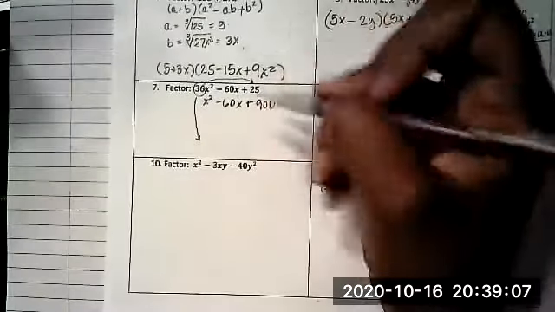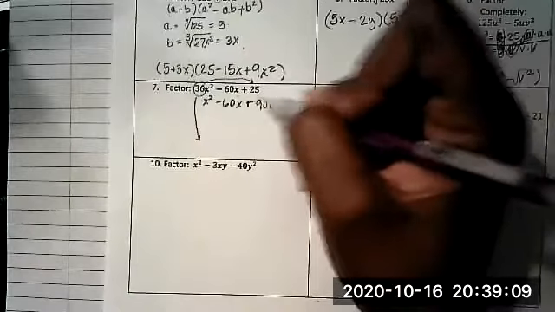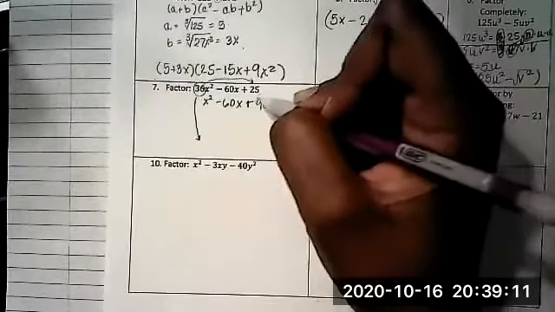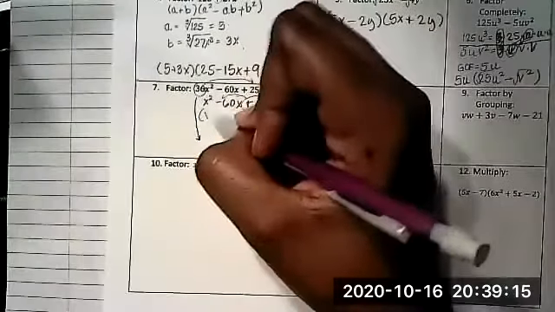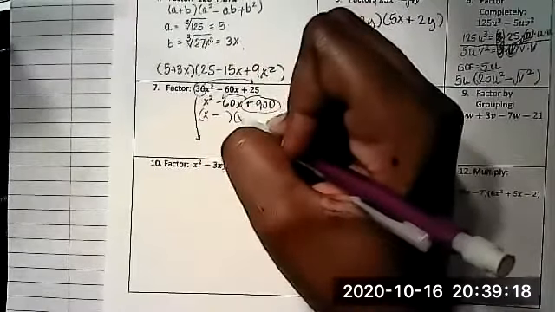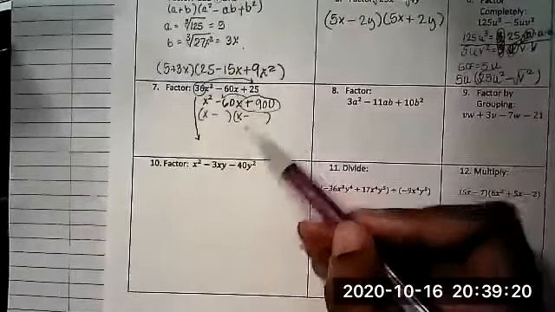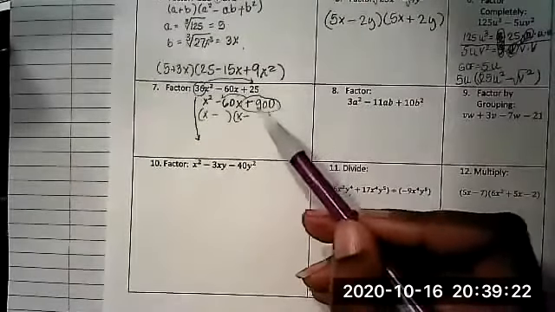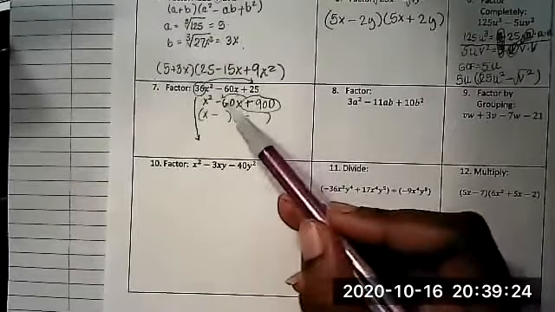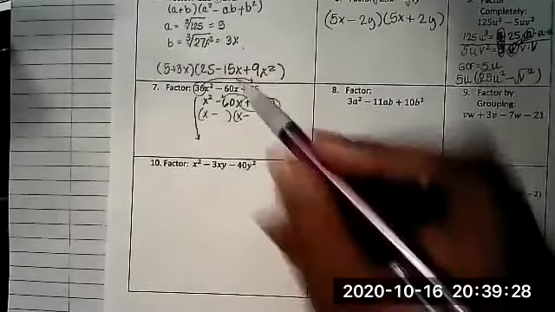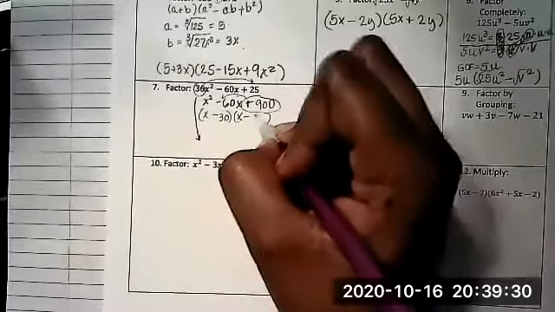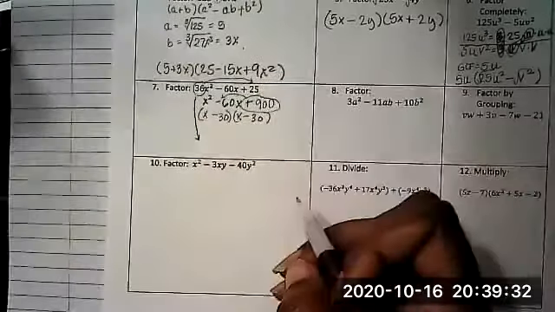So it looks like multiples of 900 that add to give you 60. Remember, the last number is positive, so they're going to be the same sign, and the middle number determines what that sign is, negative and negative, and we said 30 and 30, okay?